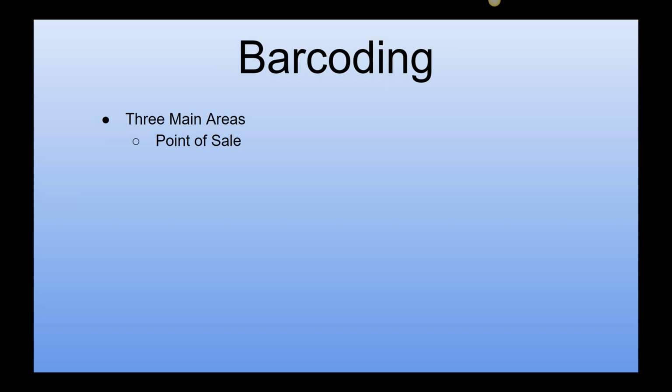You have point of sale, which is basically being able to fill out a sales order using barcoding. The second type is moving inventory around in your warehouse. That would be like receiving inventory off trucks, moving them from bin to bin, releasing the inventory out of your warehouse. Those kinds of functions are the second type.